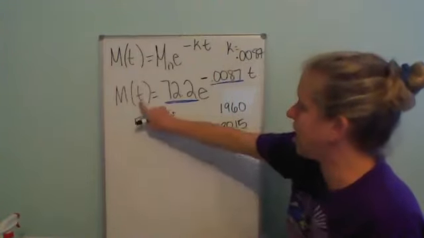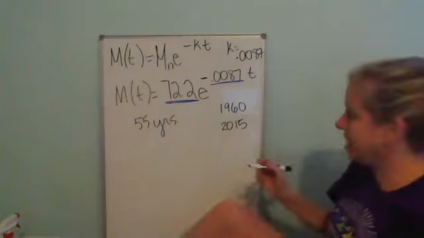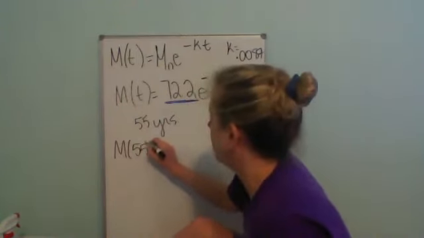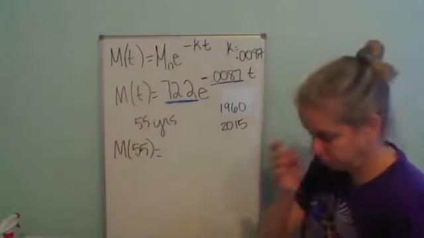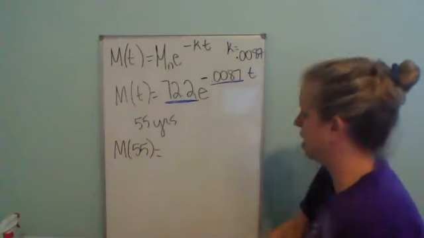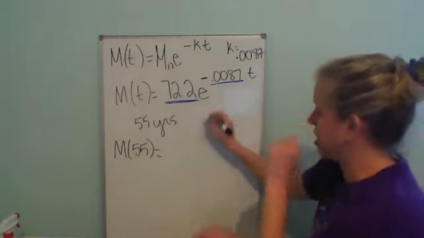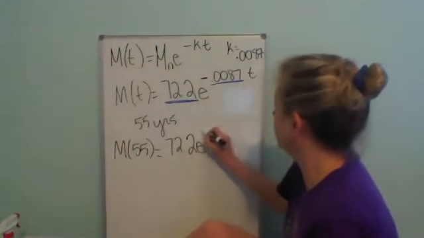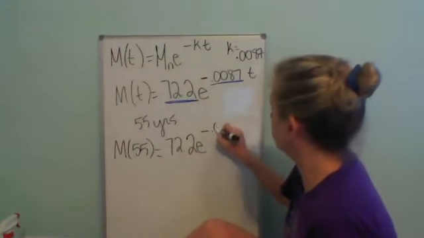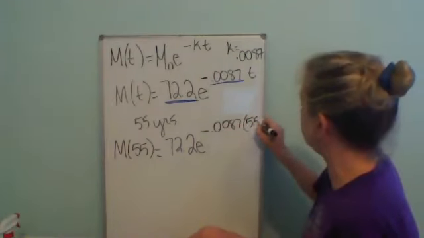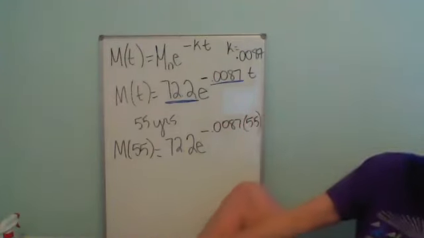So 55 is now my T. I'm finding M of 55, which means I use my formula, 72.2 E to the negative 0.0087. Instead of T, I put in 55.